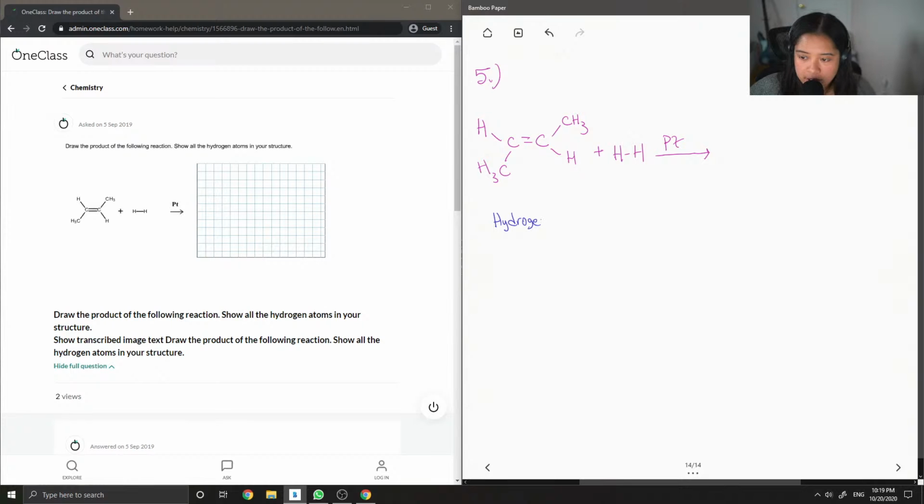It is called hydrogenation. This is when you have the addition of molecular hydrogen to unsaturated molecules in the presence of metal catalysts.